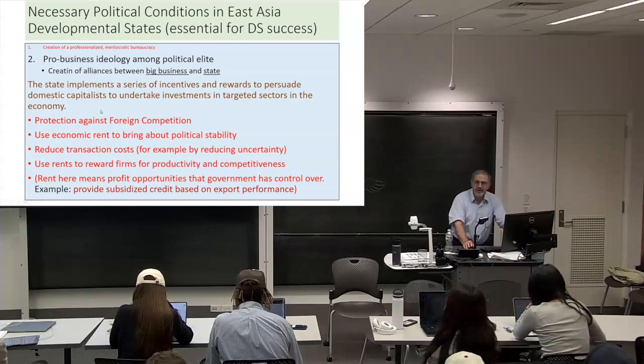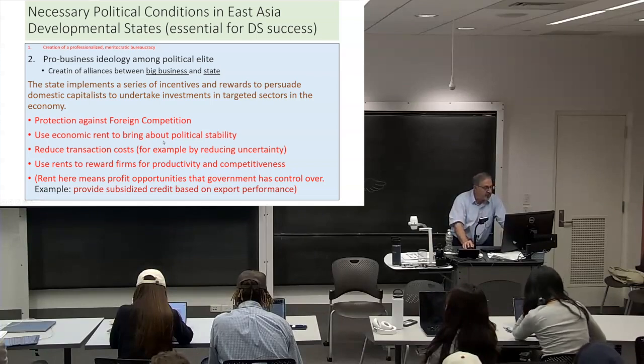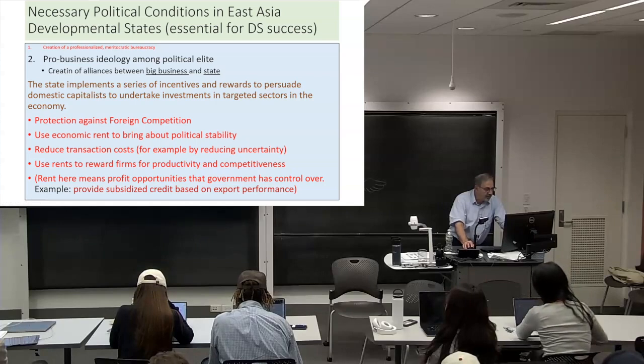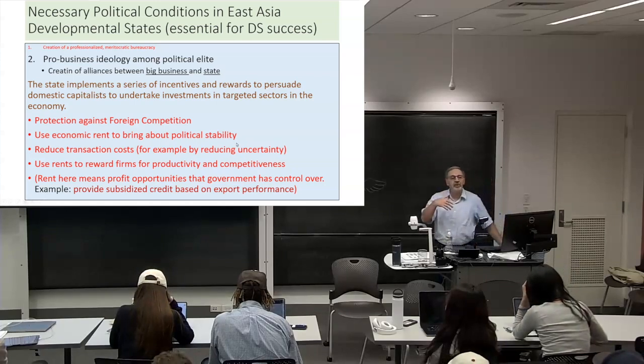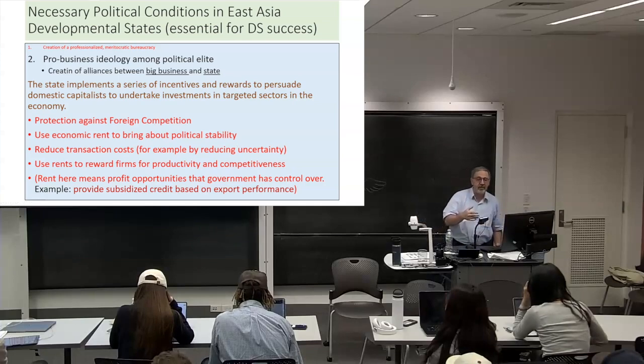So how is this achieved? Providing protection against foreign competition so that they have room to grow and be profitable. Use economic rent to bring about political stability. Often there is dispute between labor and businesses.